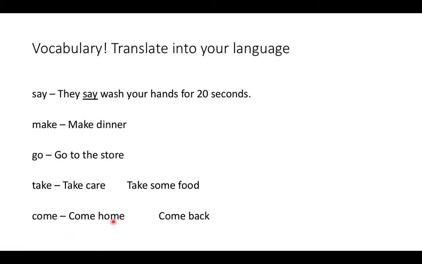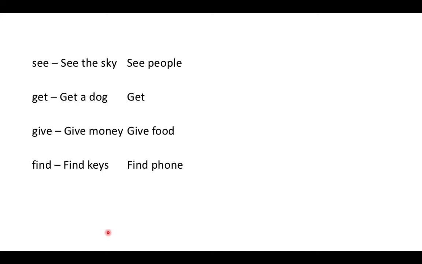Come home or come back. See the sky, see people. Get is just get a dog or get something. Give money, give food. Find keys, find a phone.